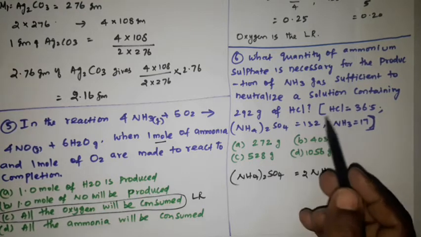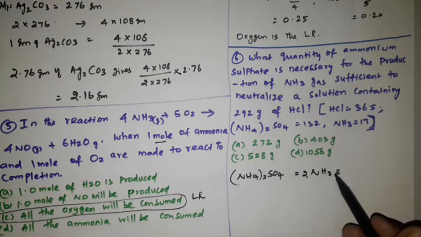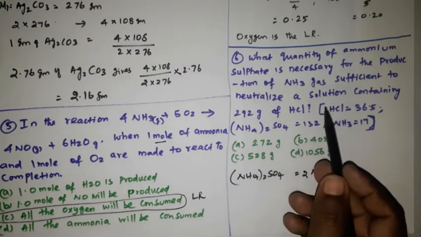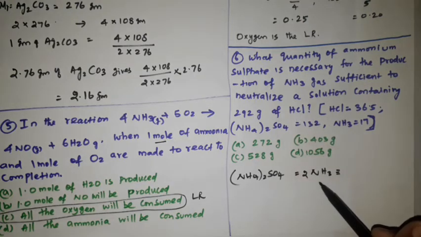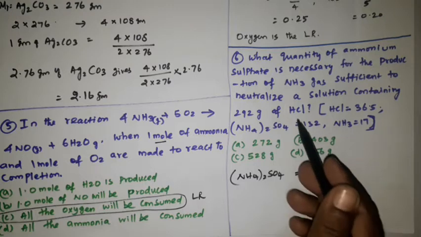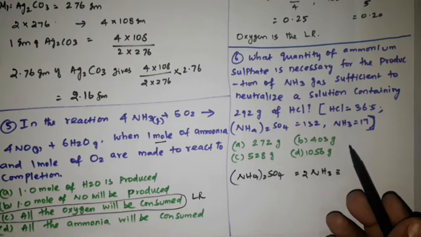Also, this ammonia you are going to use to neutralize a solution that contains HCl. NH3 is always a base, actually an alkali, and HCl is an acid. So acid plus alkali will become a neutral solution.